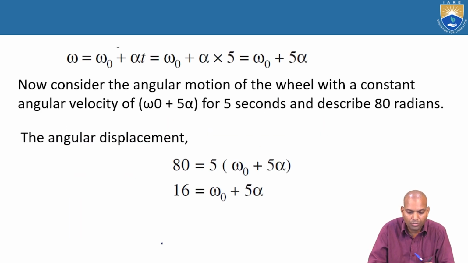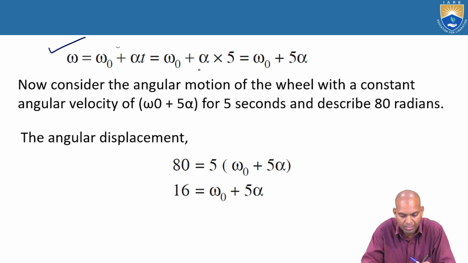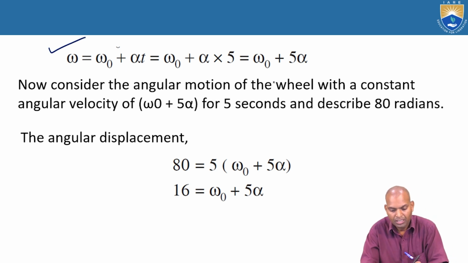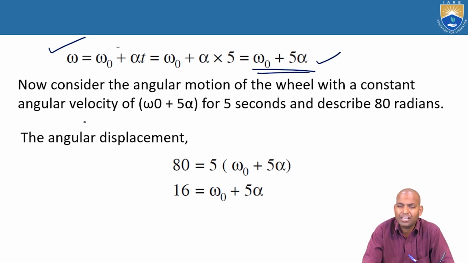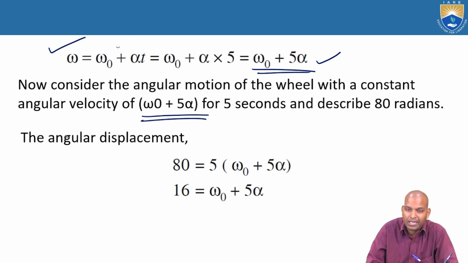Now another equation. Omega equal to omega naught plus alpha t, with t equal to 5, that is omega naught plus 5 alpha. Now consider the angular motion of the wheel with a constant angular velocity of omega naught plus 5 alpha for 5 seconds, and it describes 80 radians.